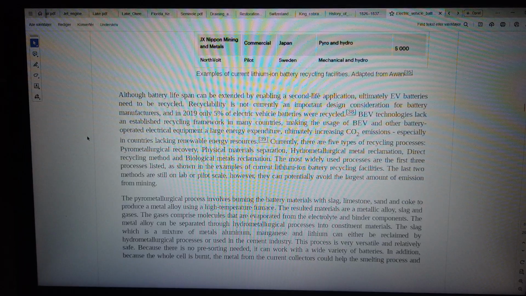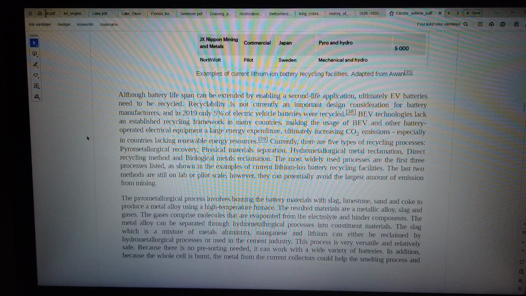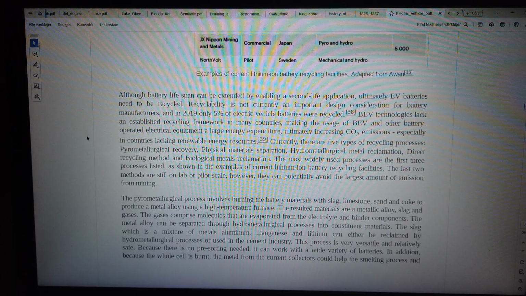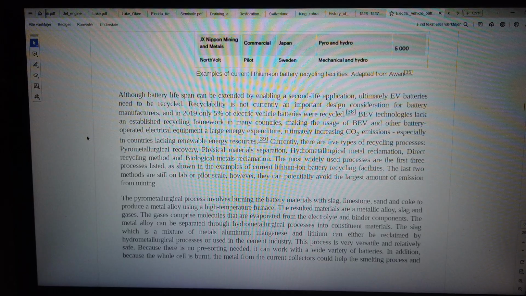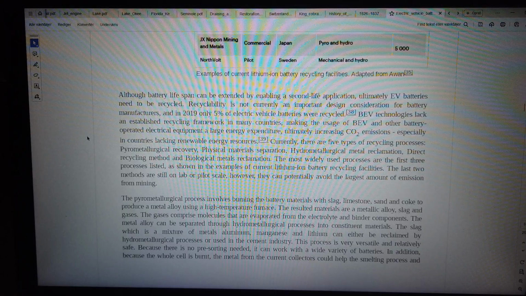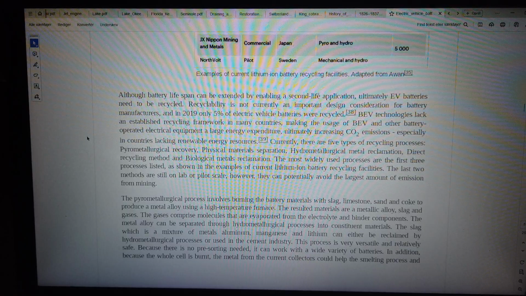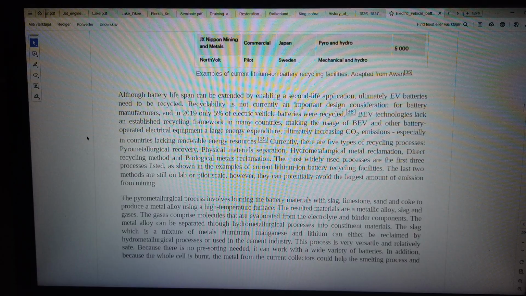Electrical equipment requires a large energy expenditure, ultimately increasing CO2 emissions, especially in countries lacking renewable energy resources. 39. Currently, there are 5 types of recycling processes: pyrometallurgical recovery, physical materials separation, hydrometallurgical metal reclamation, direct recycling method, and biological metals reclamation.